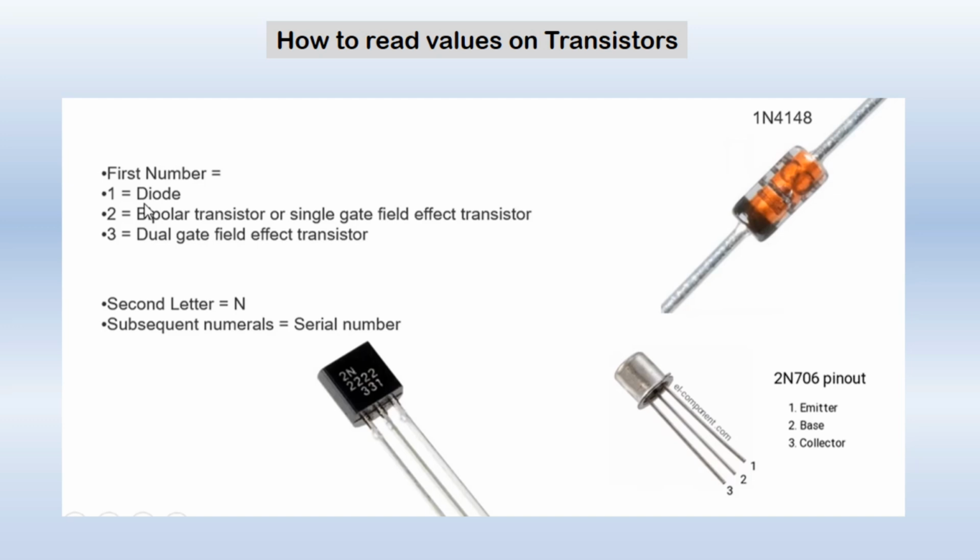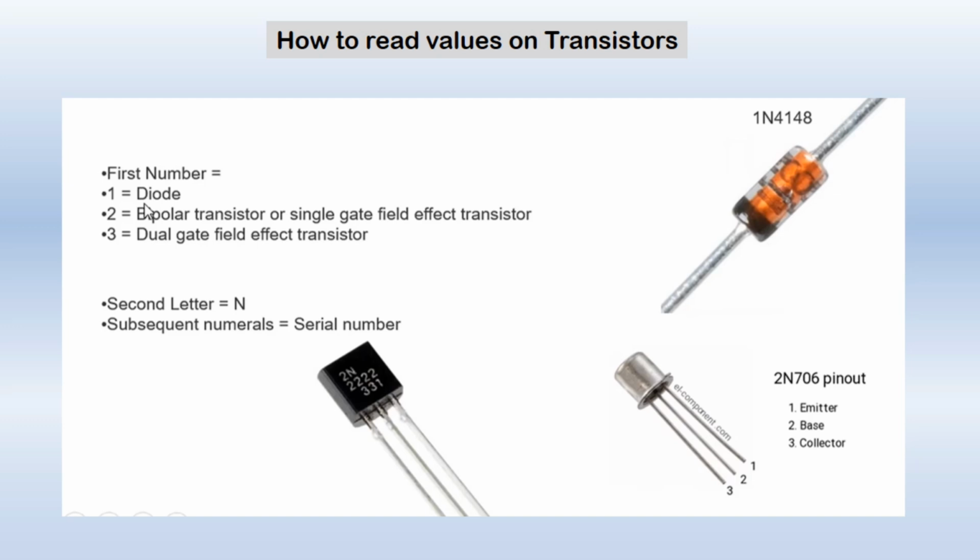You must have noticed there are some numbers, alphabets and digits written on the transistor. If the first number is 1, it means the component is a diode. As you can see in this diagram, the first digit is 1. So it means it is a diode. If the first digit is 2, it means it is a bipolar transistor or FET.